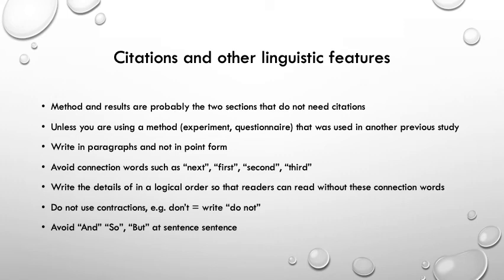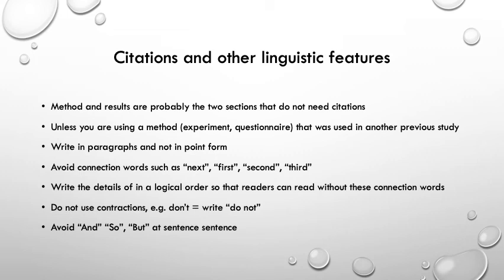When writing the method section, a lot of students also have the habit of using connection words such as first, second, third, next. Now these connection words sound very familiar because these are the words that are given in instruction manuals, in textbooks, and in conversation. Therefore, students are very familiar with these connection words.